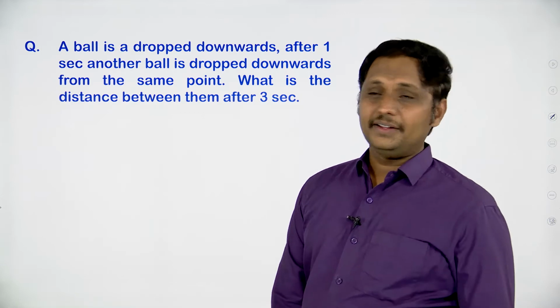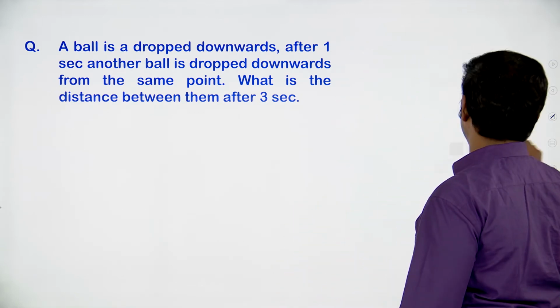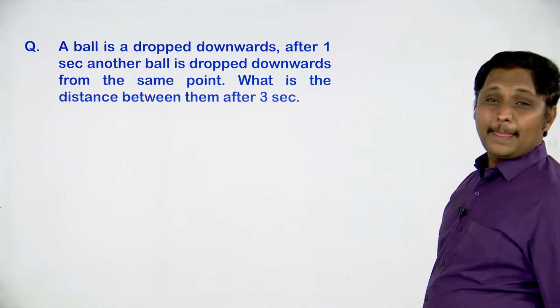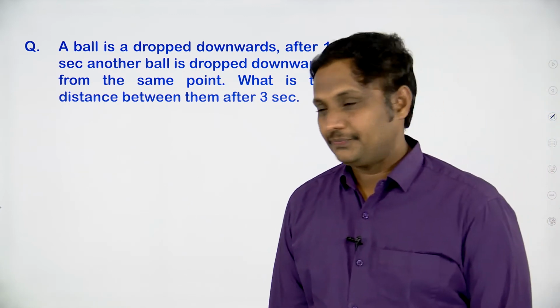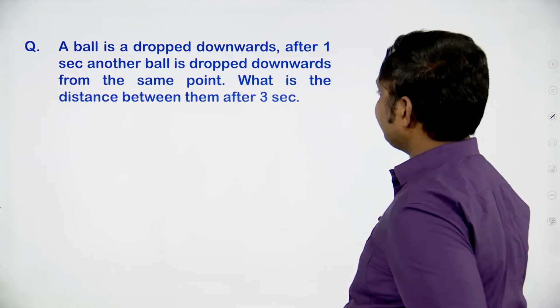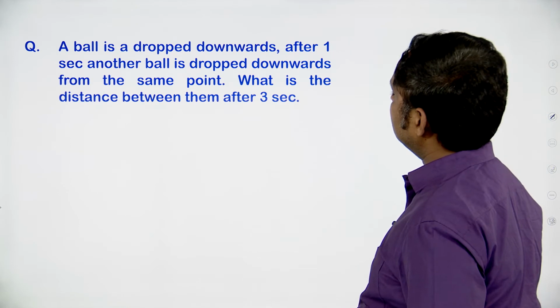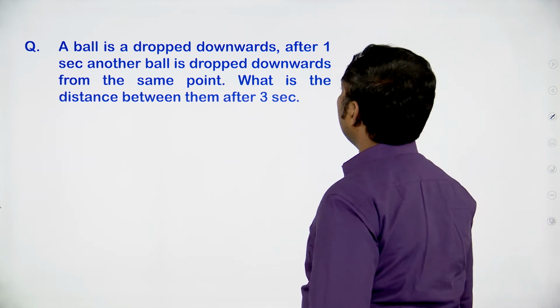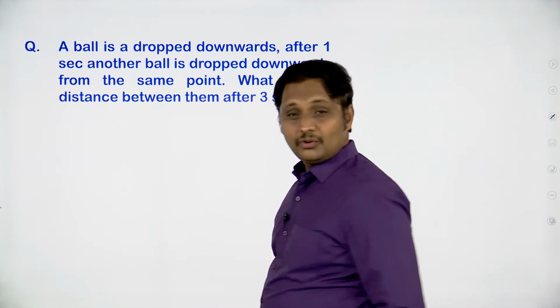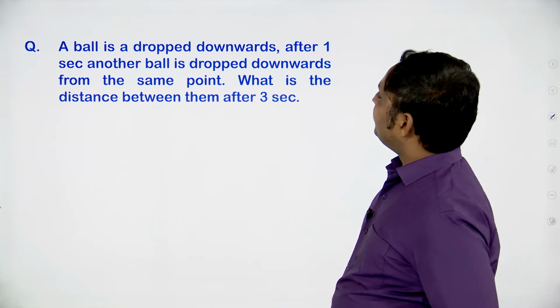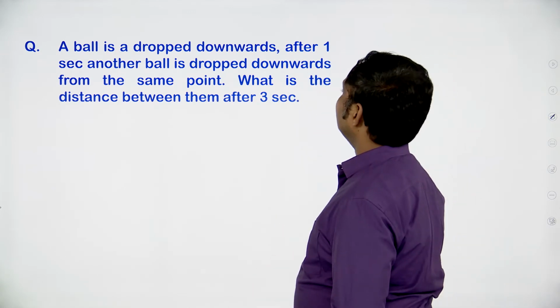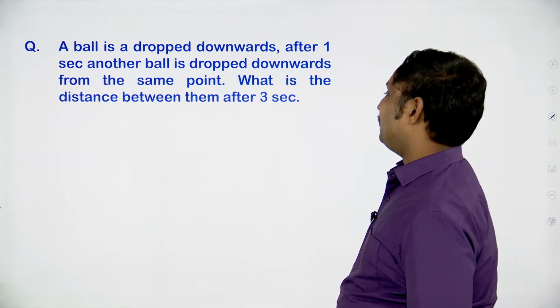Yes, it is very clear. We would like to discuss these kinds of problems. A ball is dropped downwards. After 1 second, another ball is dropped downwards from the same point.